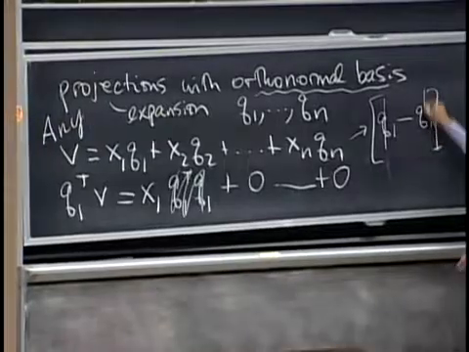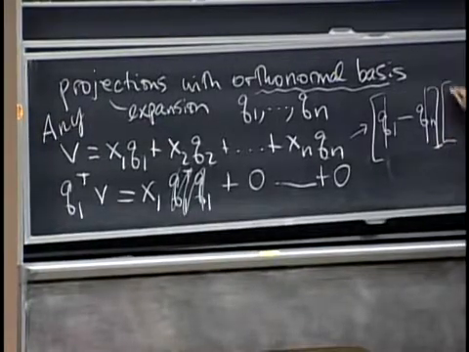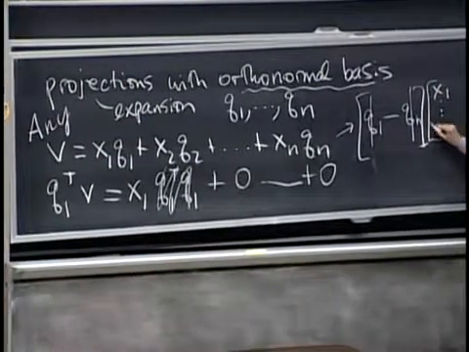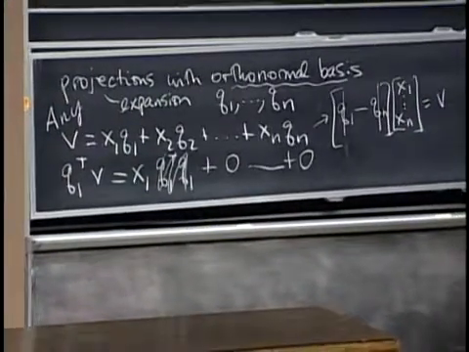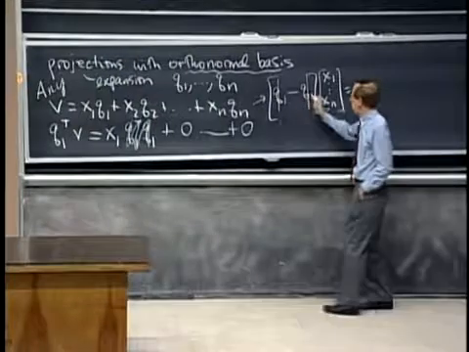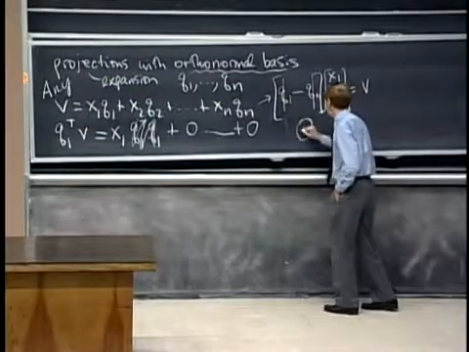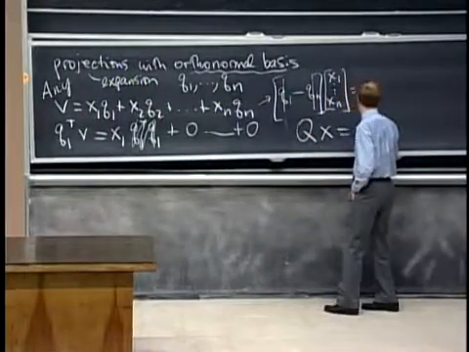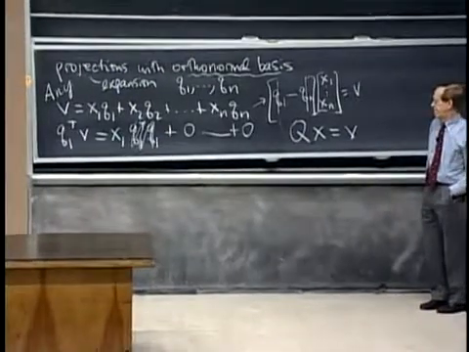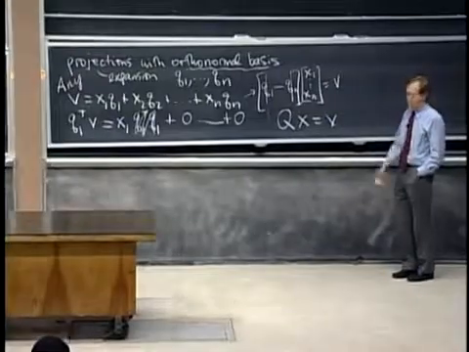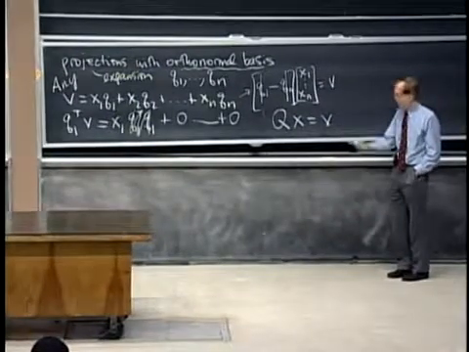I'm writing in matrix language, this equation says, I'm taking these columns. Are you guys good at this now? I'm taking those columns times the x's and getting v, right? That's the matrix form. Okay, that's the matrix Q. Qx is v. What's the solution to that equation? Of course, it's x equals Q inverse v.